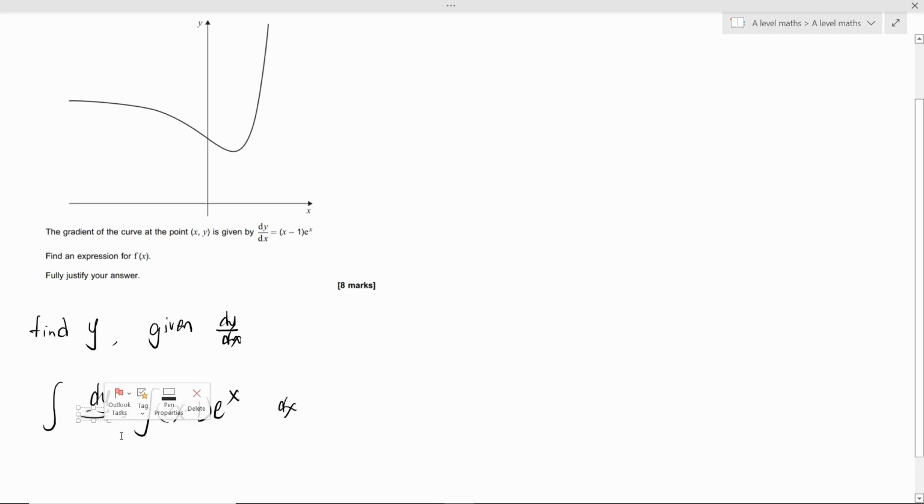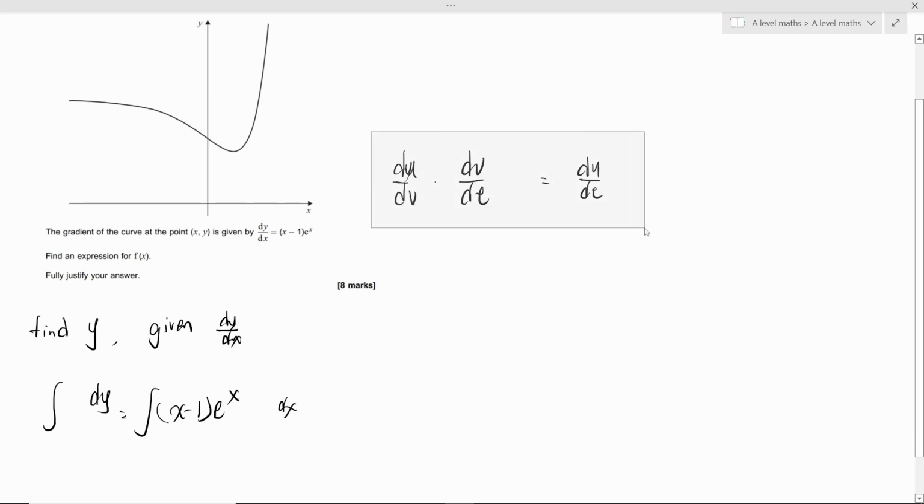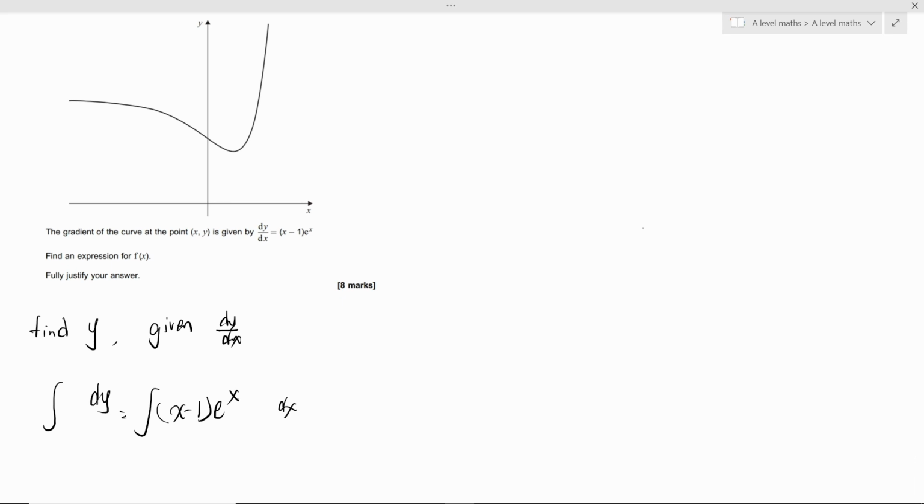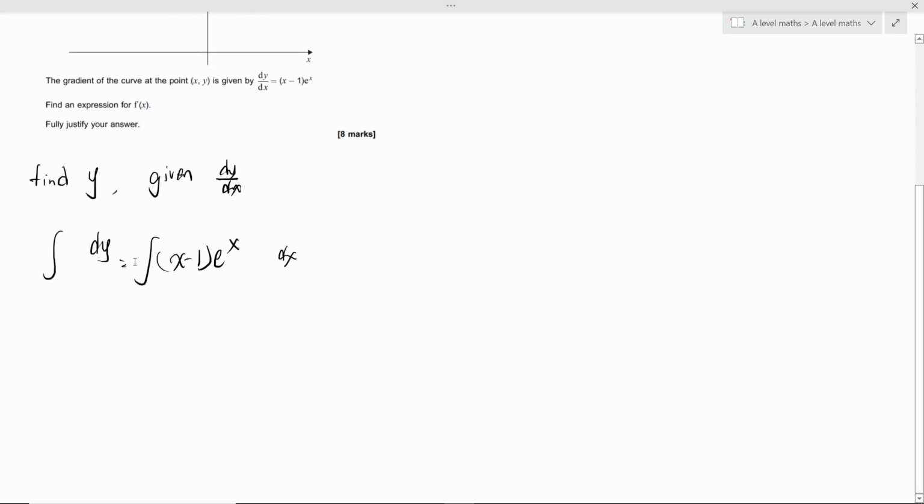Please remember that differentiation, especially dy/dx, works in the same way as fractions. So if we have du/dv times dv/dt, it's equivalent to du/dt. That's exactly like how fractions work. Back to our question, we may move dx to the right hand side to complete both integrals.